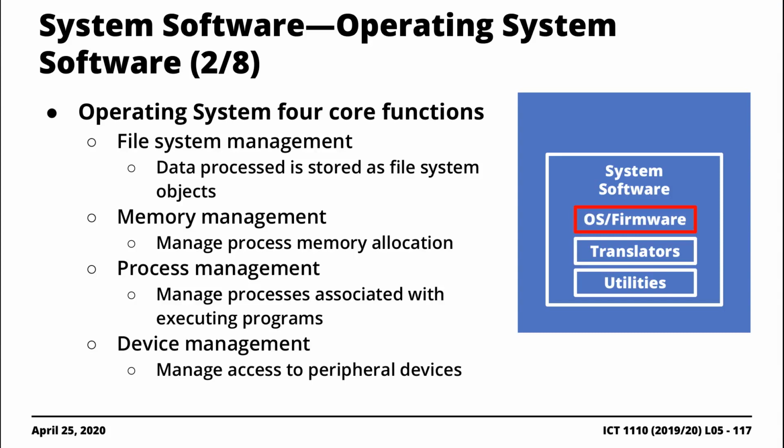All right, but fundamentally, the operating system performs 4 core functions, right? Its role is to facilitate so-called file management, memory management, process management, and device management. And if you think about it, all these core functions are associated with the core functionalities of the computer, right?